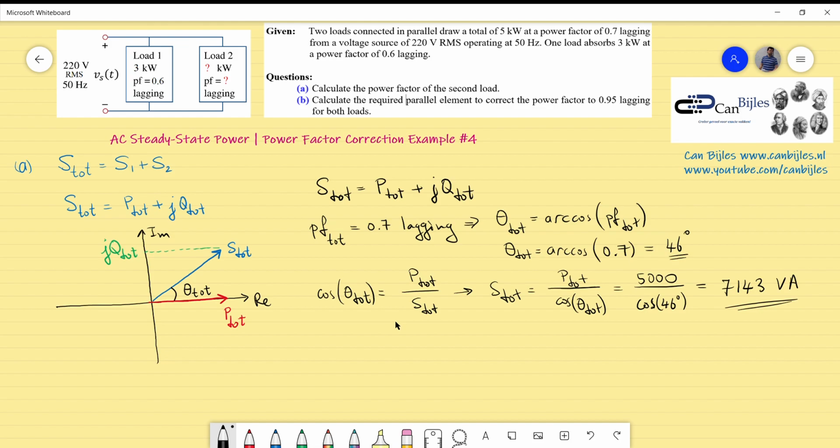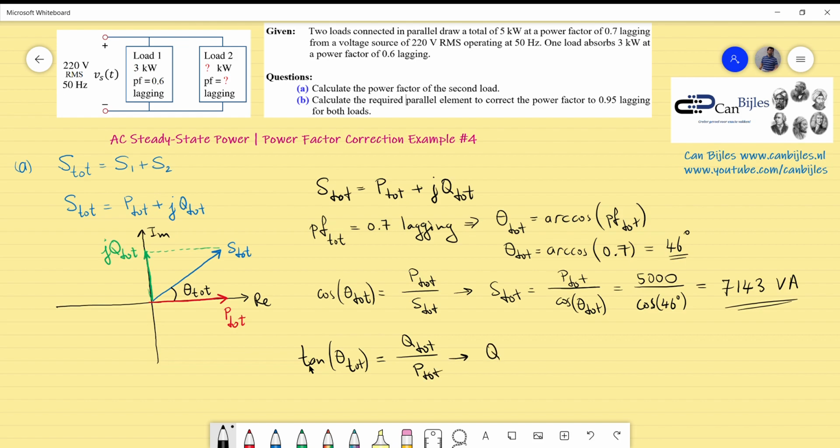What will be Q total? Now you can use the sine, or you can also use the tangent, using this arrow and this arrow, which is the same as the green arrow. So if I make this a green arrow, I can place the same green arrow here. So let's use the tangent: the tangent of theta total will be equal to Q total divided by P total.